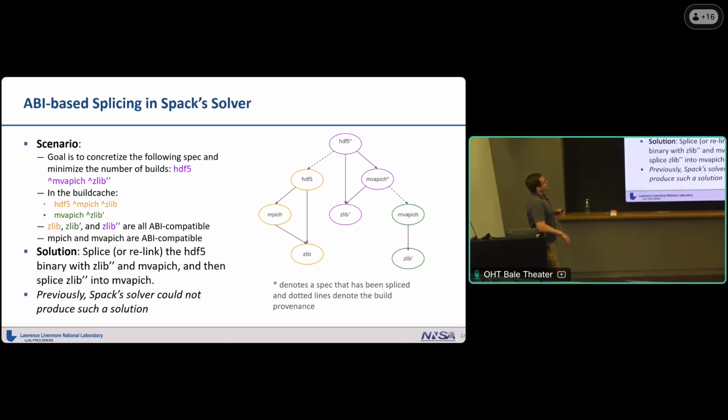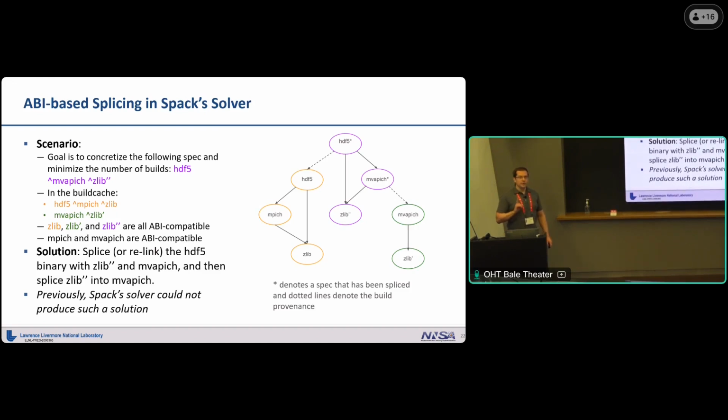The problem is that in the existing Spack implementation, the concretizer has no way of knowing this, and so it won't necessarily come to the conclusion that, hey, wait a second, I have binaries. Why am I rebuilding HDF5 from scratch? That's a huge build. I could just use these. I could just relink, basically.